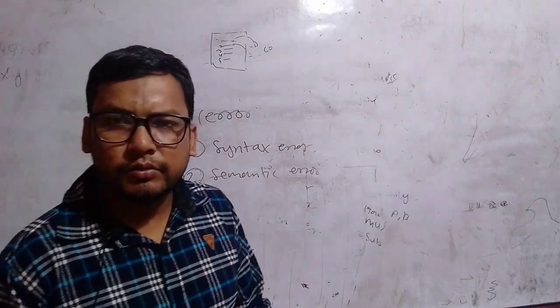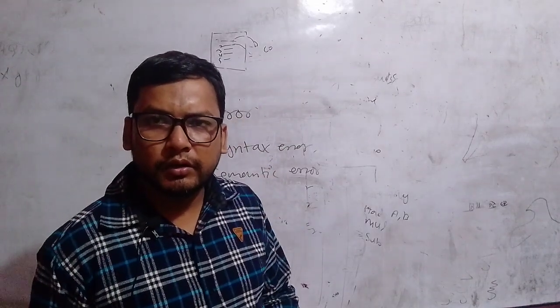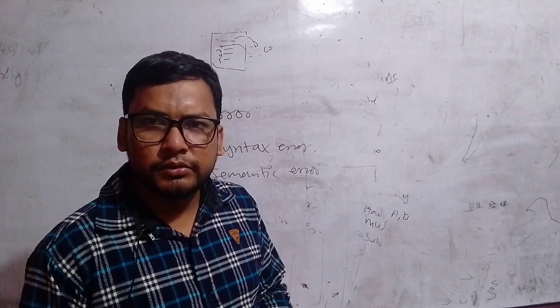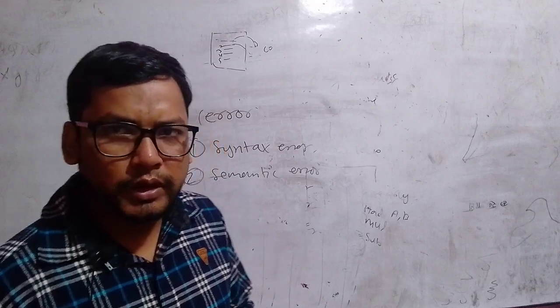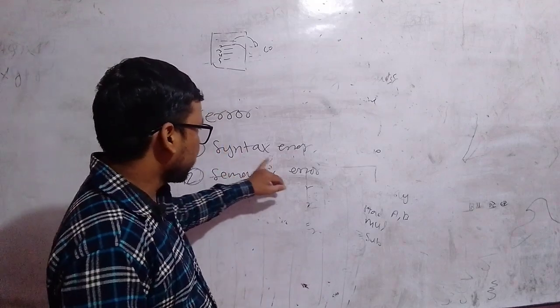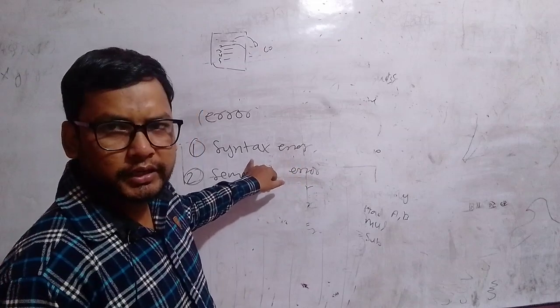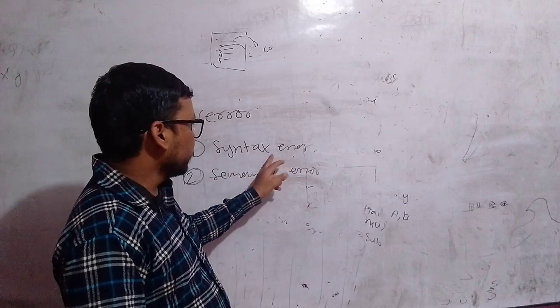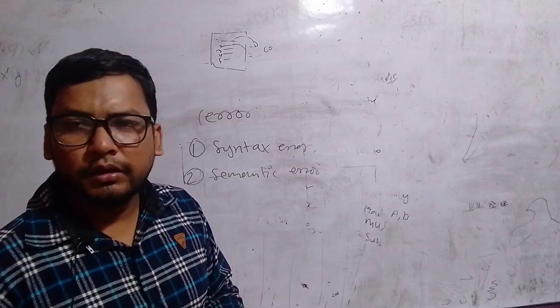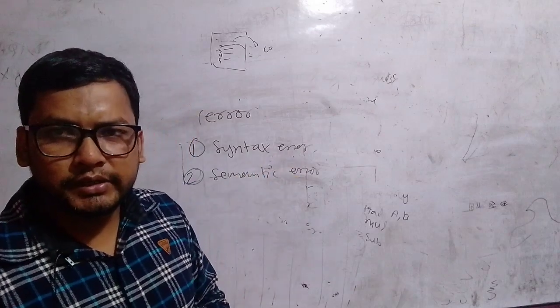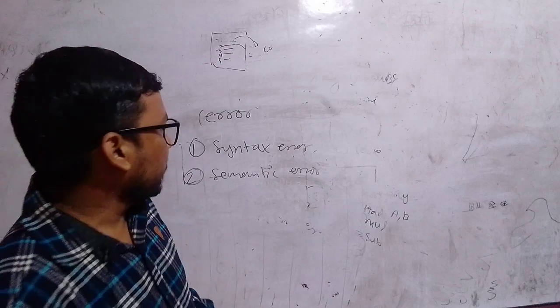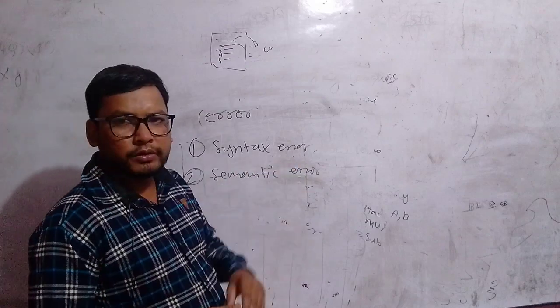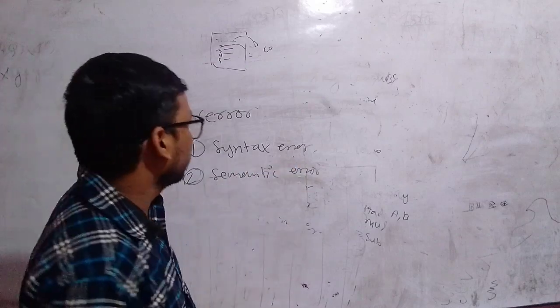How to arrange the code, how to write the command. We need to follow a specific rule to write a command or program, which is called the syntax. If we do not follow the proper rule, then it is called a syntax error. Syntax error means grammatical error in the computer.